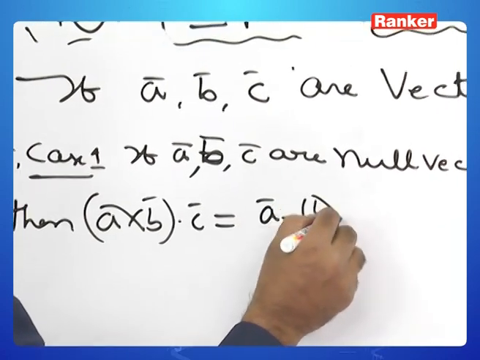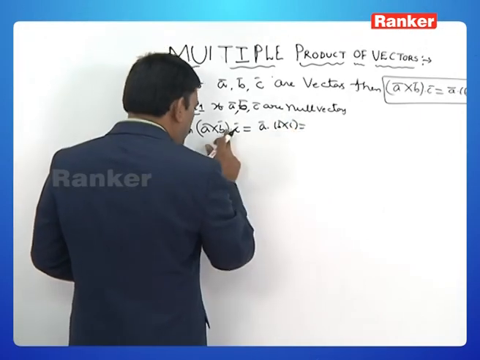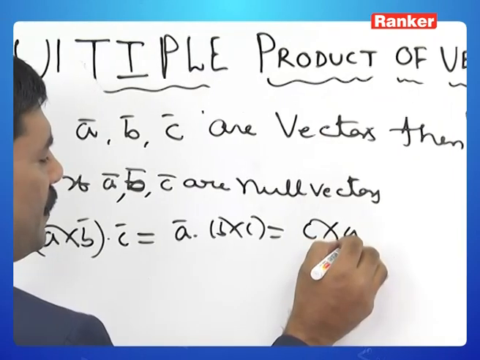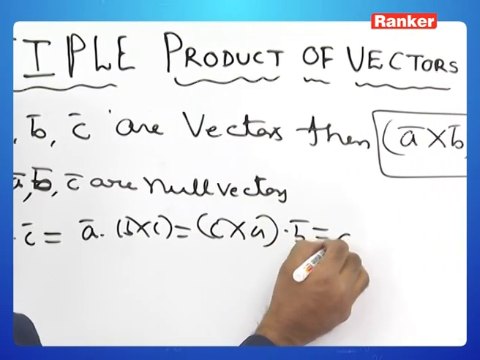A dot of B cross C is also equal to 0. Meanwhile, C cross A dot B bar is also equal to 0.